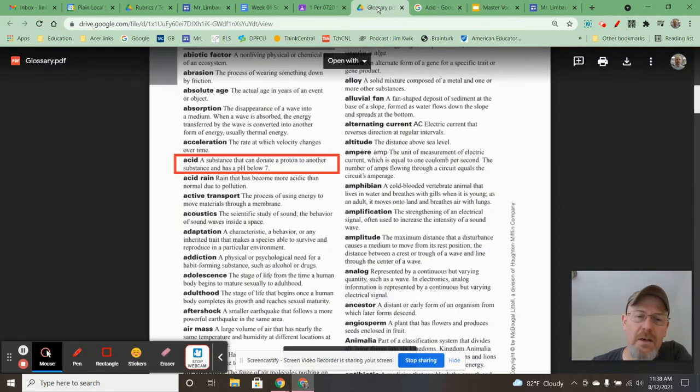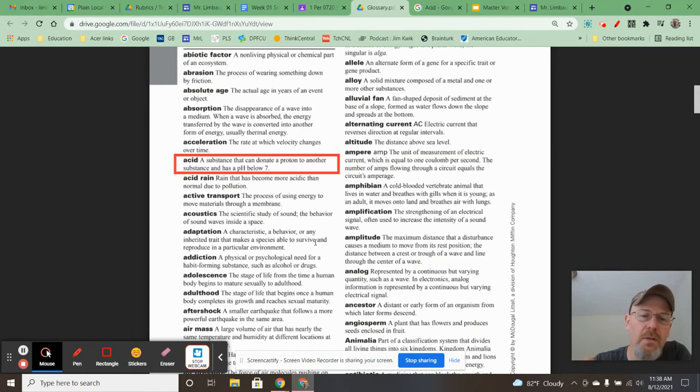Well, if we look back at the other definition, it's a substance that can donate a proton to another substance and has a pH below 7. The definitions in this glossary are much smaller and are at the 8th grade level. And that's what I want you to learn. So please use the glossary attached.